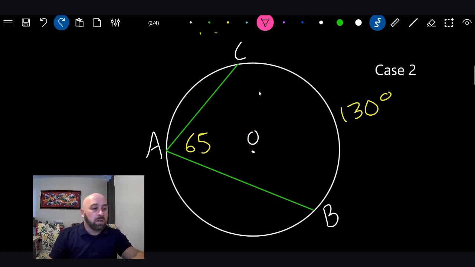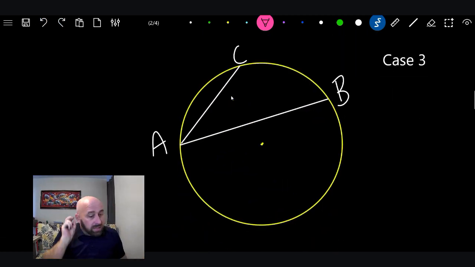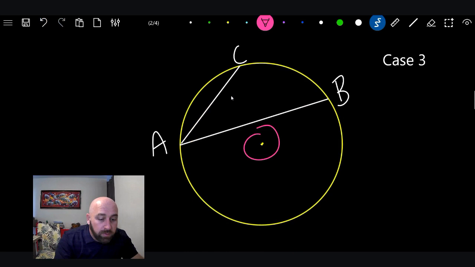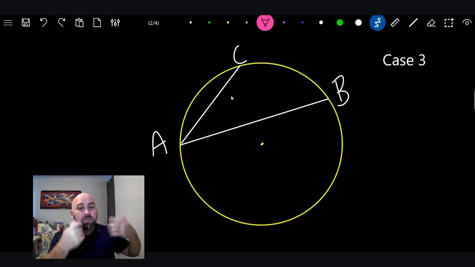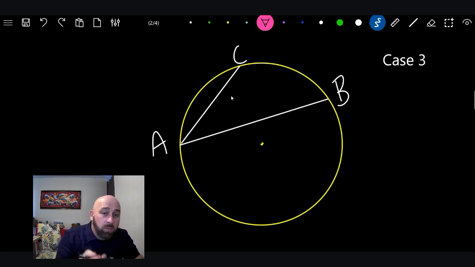Okay? All right. Case 3. Again, this is in your book. Now look at where the center point is. The center point is now outside. So we started with it on the angle, and then we went to inside the angle, and now we've gone to outside the angle. So now what do you notice about this?